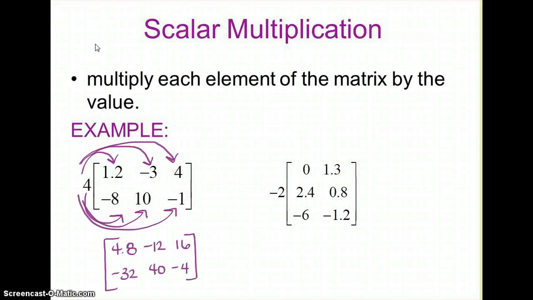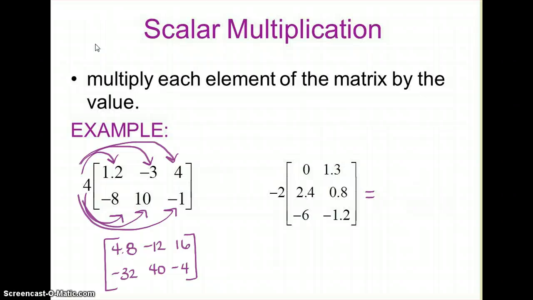Okay, so let's do another example here quickly. If this matrix is to get multiplied by -2, again, I take every element in the matrix times -2. And I have a tendency to do row by row by row, but you can do it columns too.